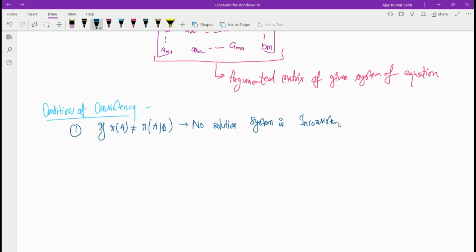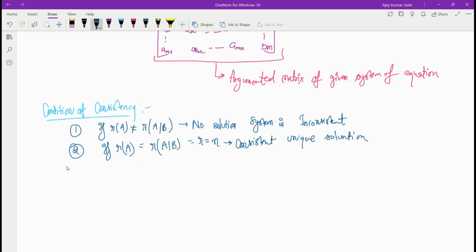Second point: if the rank of matrix A is equal to the rank of A b, and it is equal to r, which is equal to n, then it is a consistent unique solution.